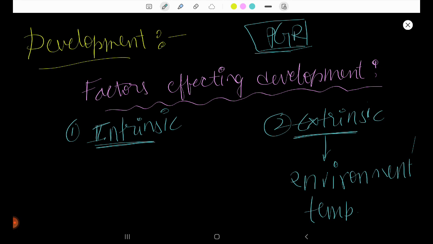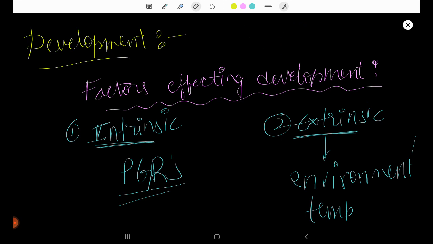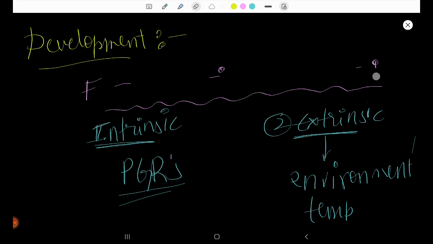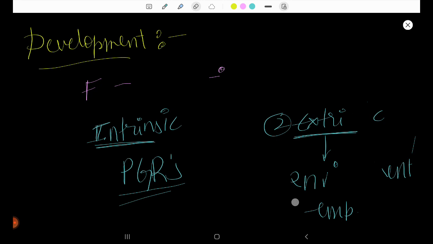Intrinsic factors are internal growth, internal organ growth. PGRs, plant growth regulators, are also considered intrinsic factors. These are the factors which affect development, which is the sum total of growth plus differentiation.